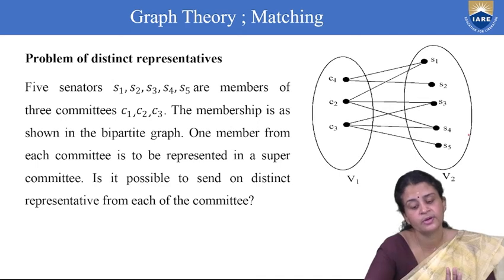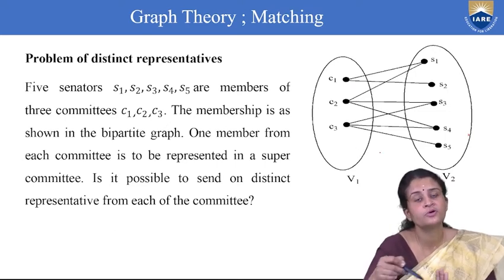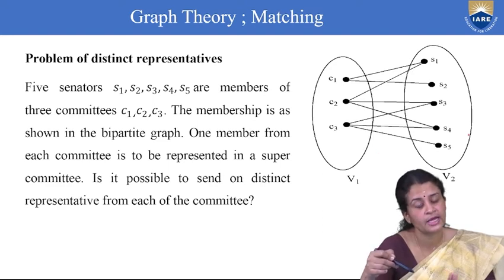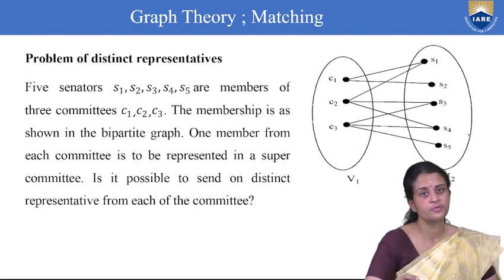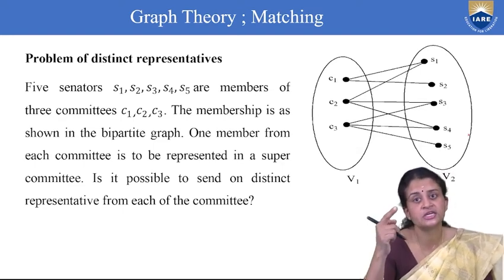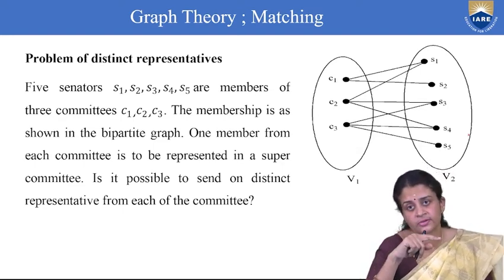C1 has 2 members, C2 has 3 members, and C3 has 3 members. So is it possible to select distinct representatives for a super committee?